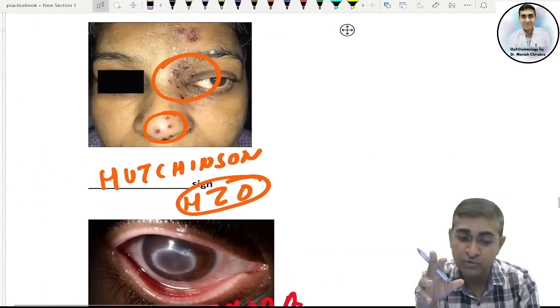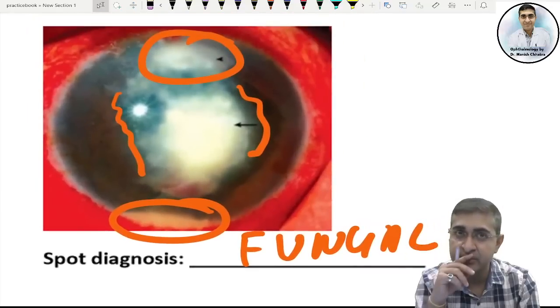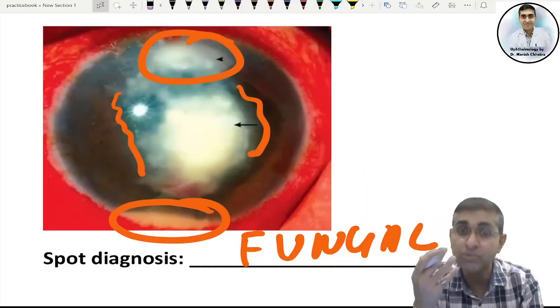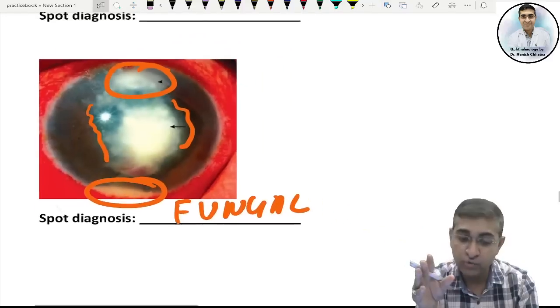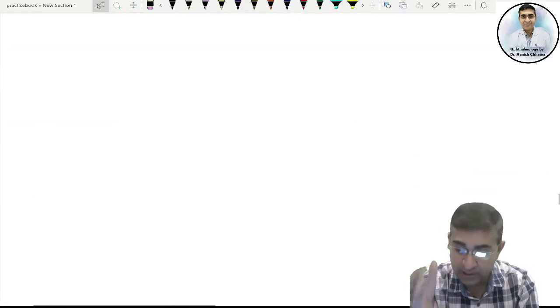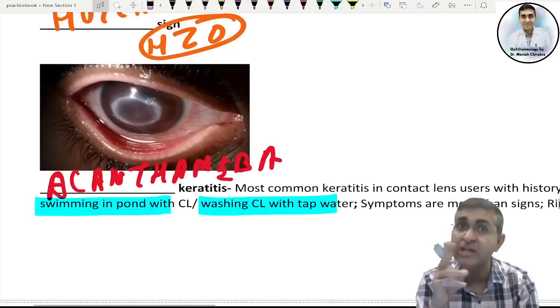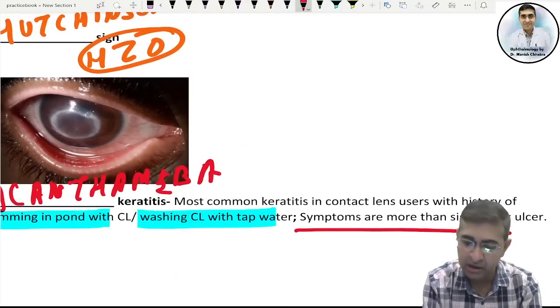While when you see the fungal keratitis ulcer, it will appear that the patient is in so much pain, with satellite lesions, and the hypopyon will be non-sterile and fixed. You will feel that the patient must be in so much pain, but the patient will be relatively stable. So signs are more than symptoms in fungal keratitis. Here, symptoms are more than signs.